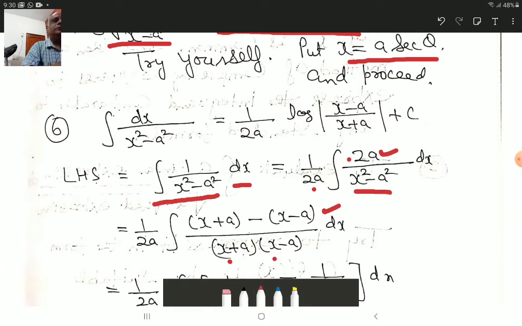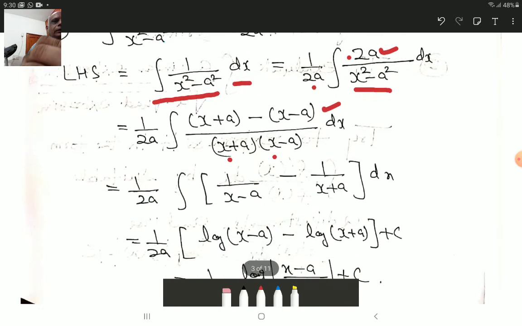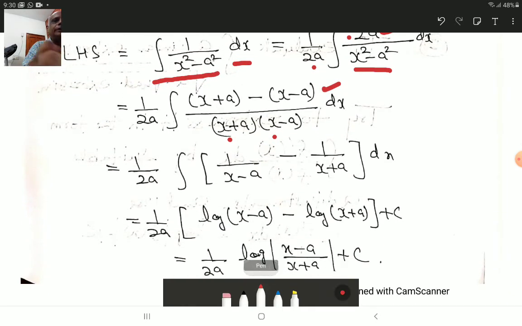So let us split it from the numerator. So 1 by 2a is already outside, and x plus a upon x plus a into x minus a. X plus a is cancelled, so it becomes 1 upon x minus a, minus x minus a upon this whole thing. So x minus a will be cancelled, so 1 upon x plus a is there.